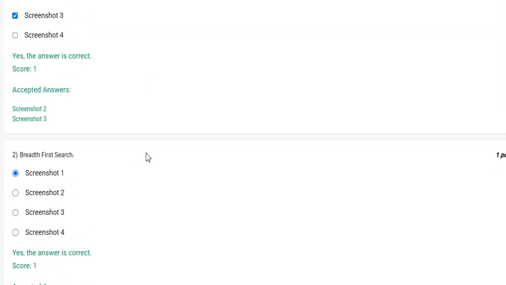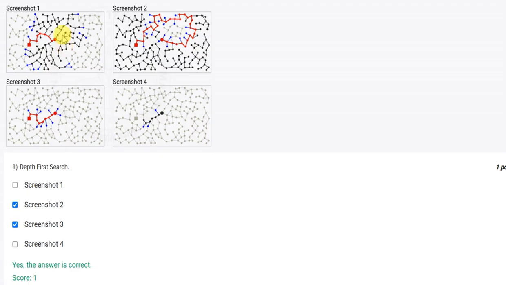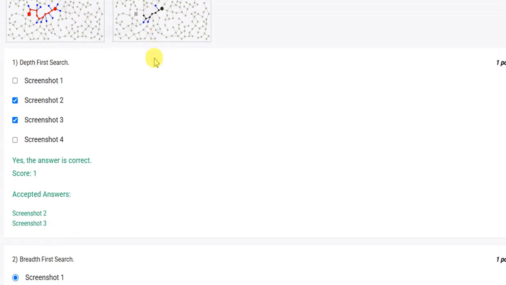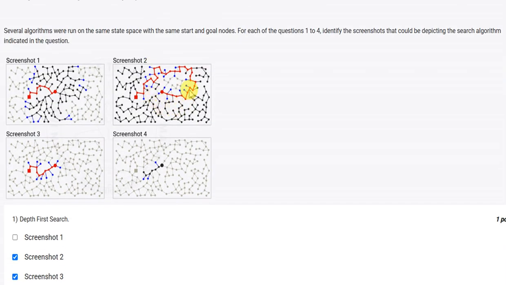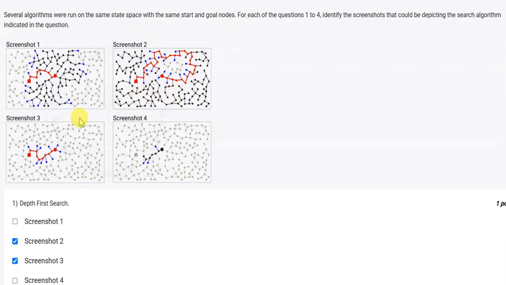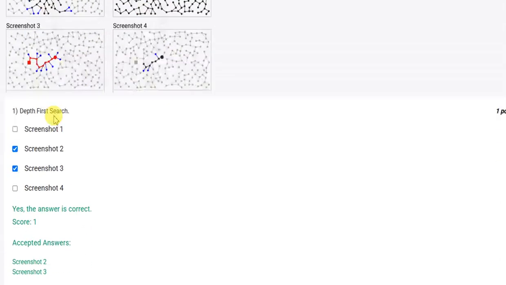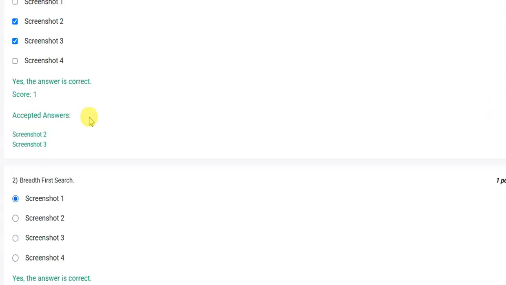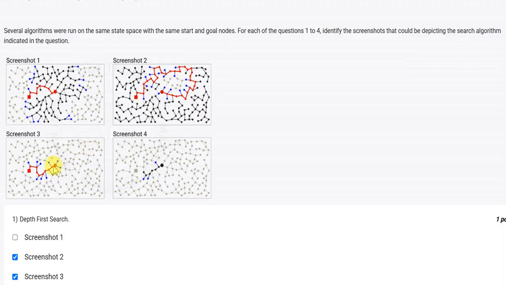And then screenshot 1 will depict breadth first search, because breadth first search will search in terms of a circle, but depth first search will search the entire state space. And this can be best first search, because best first search will try to be directly goal oriented, so it will directly try to go to the goal.